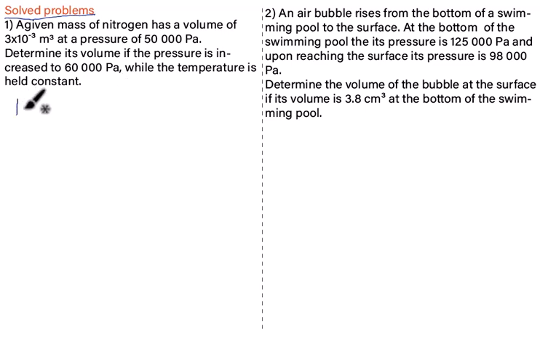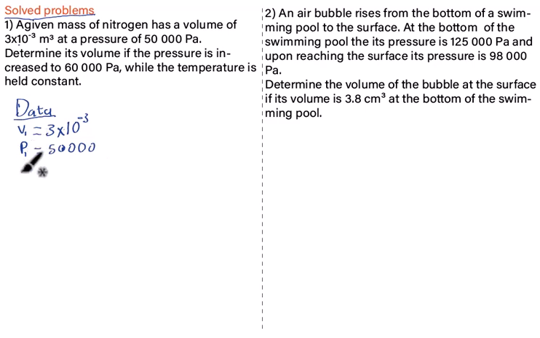So data re ka simolla hela ka go ene go ikwala. Again, what is it we have? We have V1, that is at the beginning. Volume ya rona ke yone again ke 3 times 10 to the power negative 3, and then P1, pressure at the beginning, because this is volume at the beginning and pressure at the beginning, and that is 50,000.